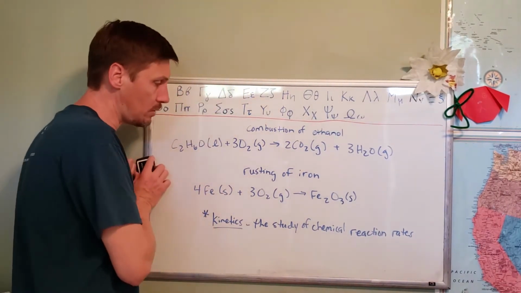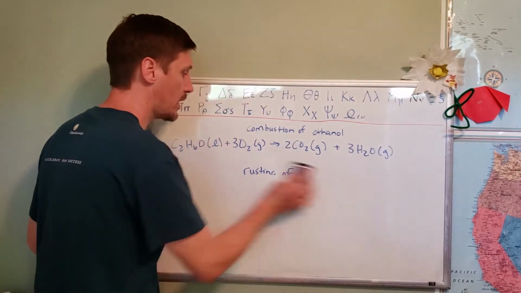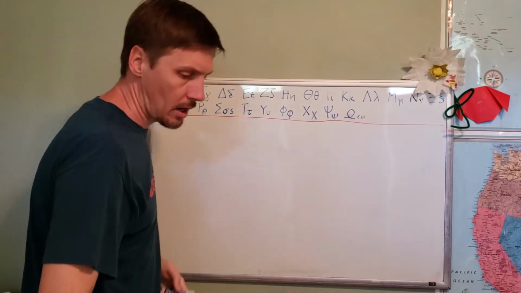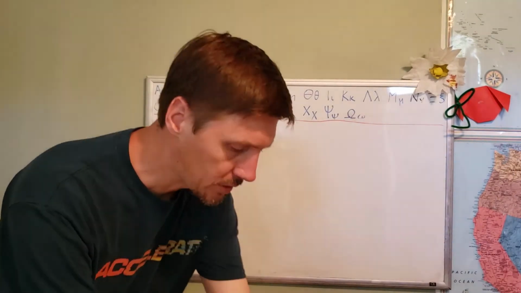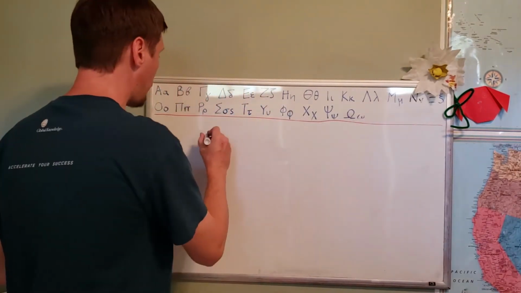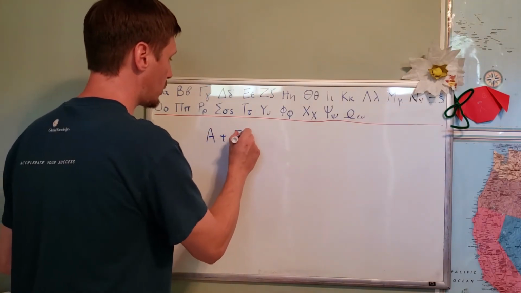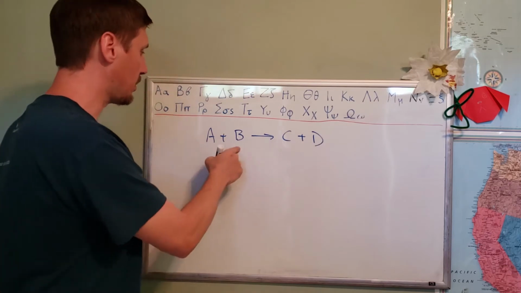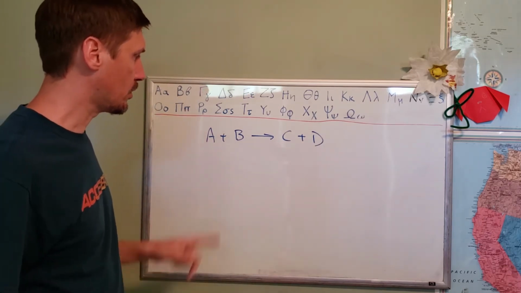So I want to give you an equation for the reaction rate. And it has to do with the concentration of the chemicals that are in a reaction. If you have a reaction that's in this form, A plus B yields C plus D, right? Substance A plus substance B, those are the reactants.